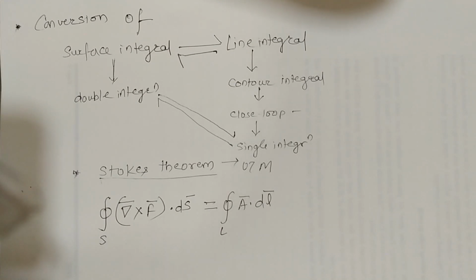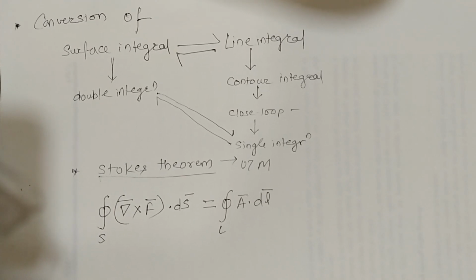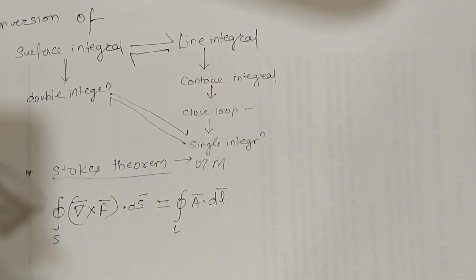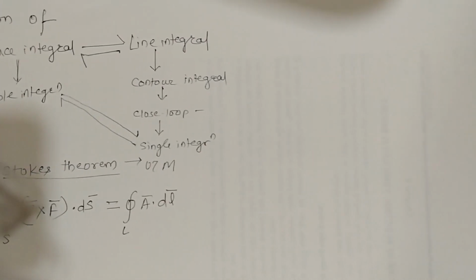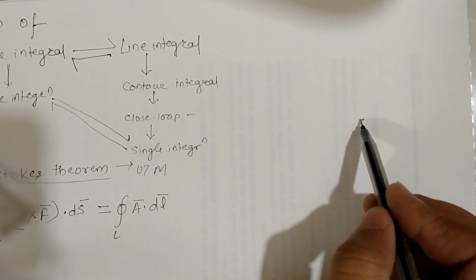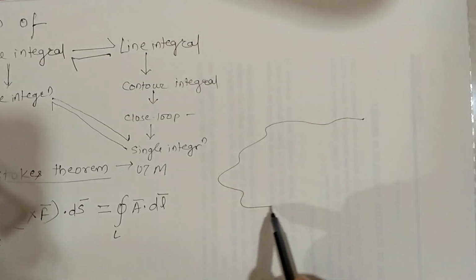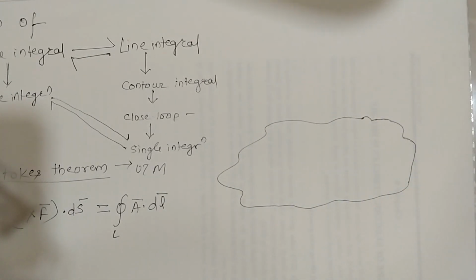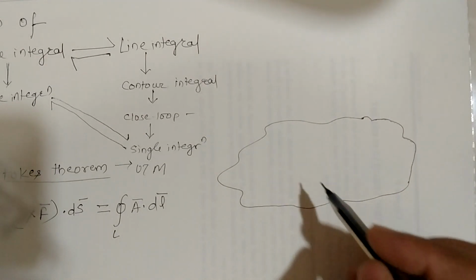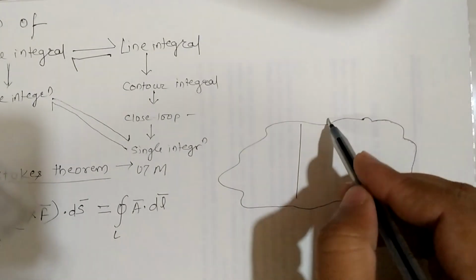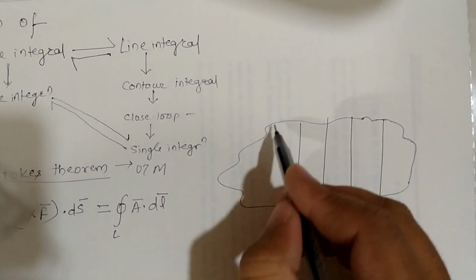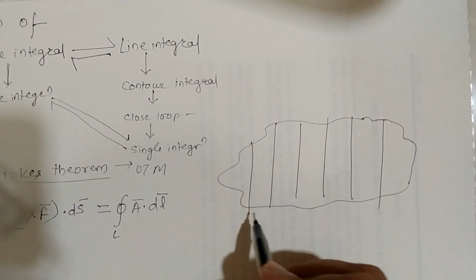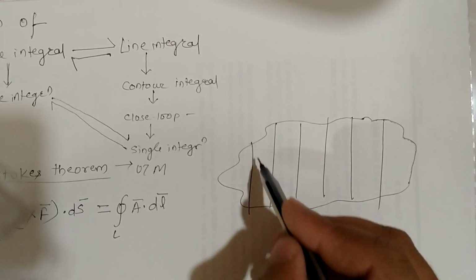Now let us see the graphical representation of this Stokes theorem. So consider that we have an arbitrary surface. Arbitrary surface means we don't have any perfect surface. Now this arbitrary surface is divided into very, very small surfaces.